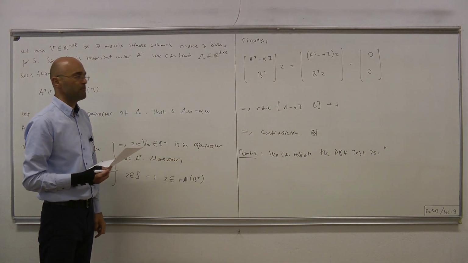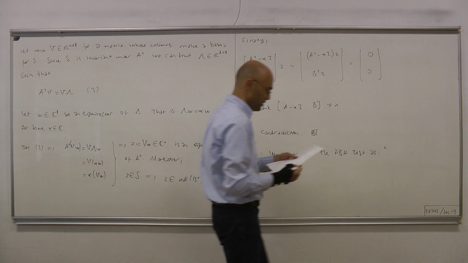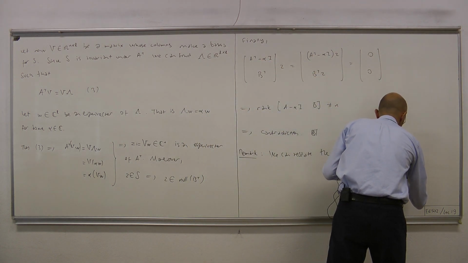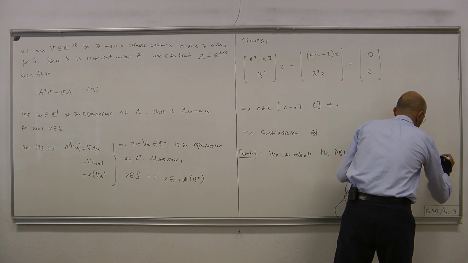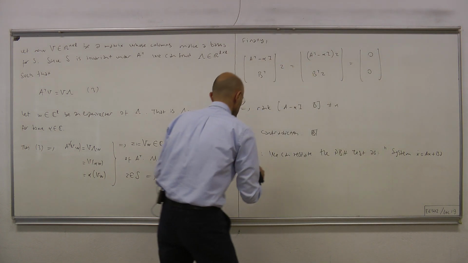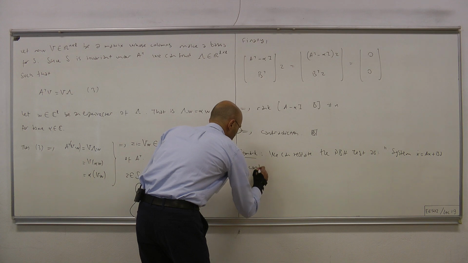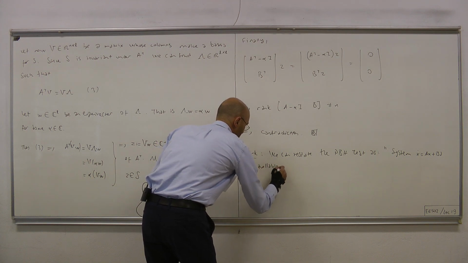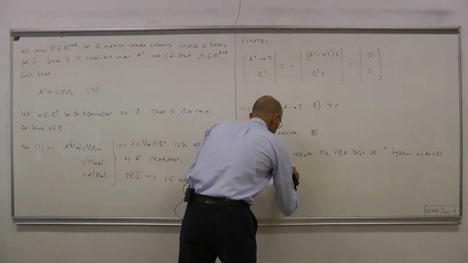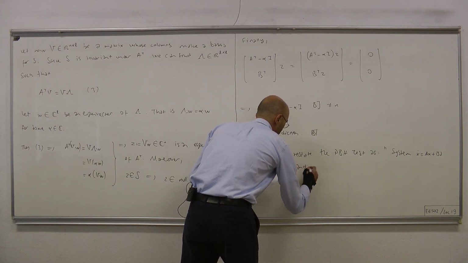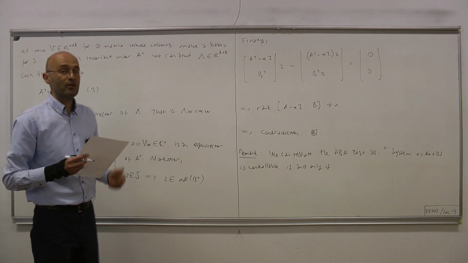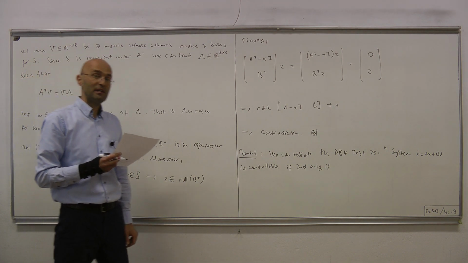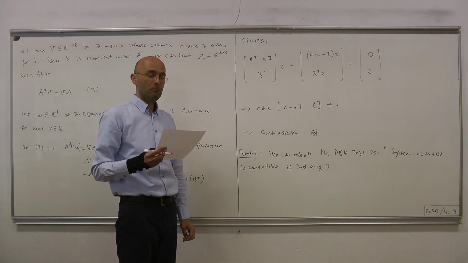We can restate the PBH test as follows. System x dot equals Ax plus Bu is controllable if and only if no eigenvector of A transpose belongs to the null space of B transpose.